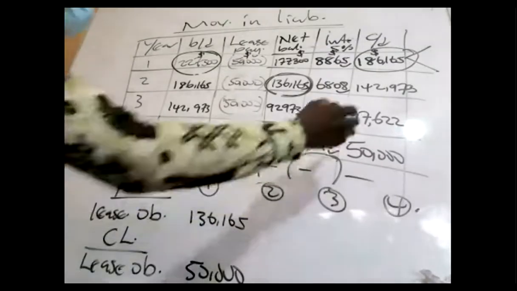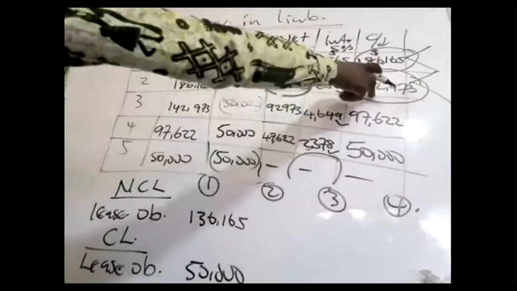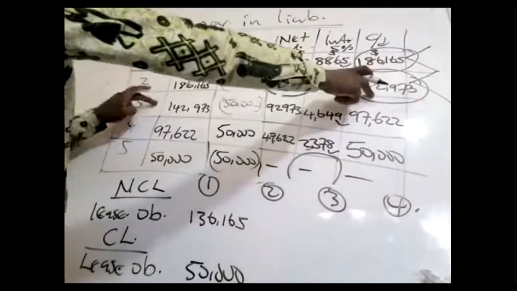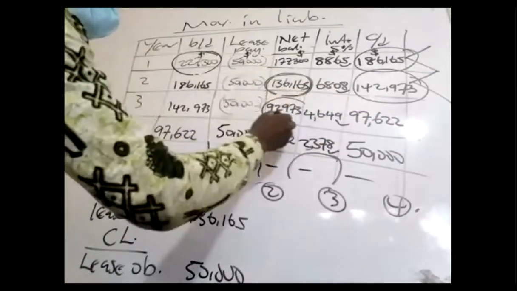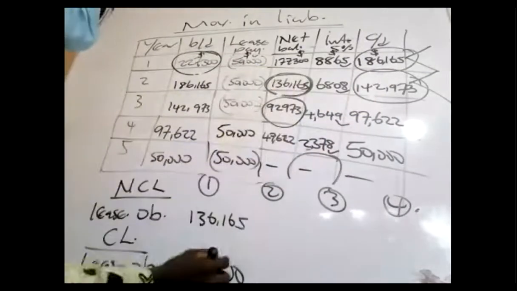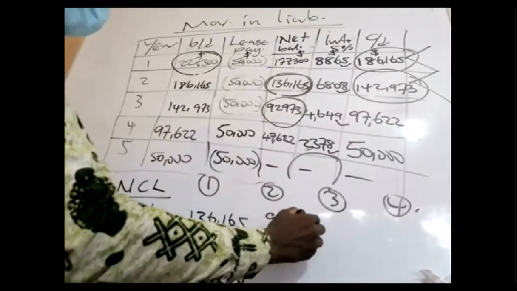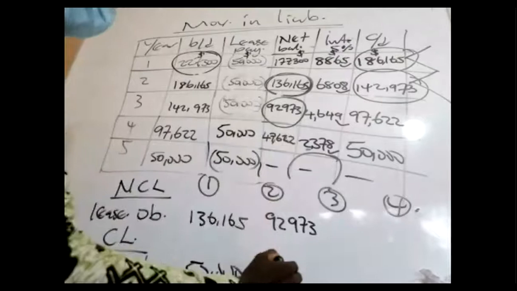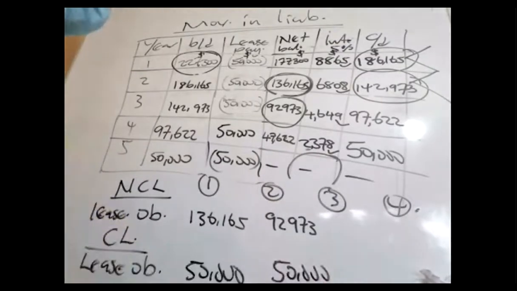Let's go to year 2. This is the total liability at the end of year 2. Kindly split it for me between current and non-current. To get the non-current, go to the next year: the balance left after the last repayment. The balance left is 292,973. So the current liability becomes 50,000.